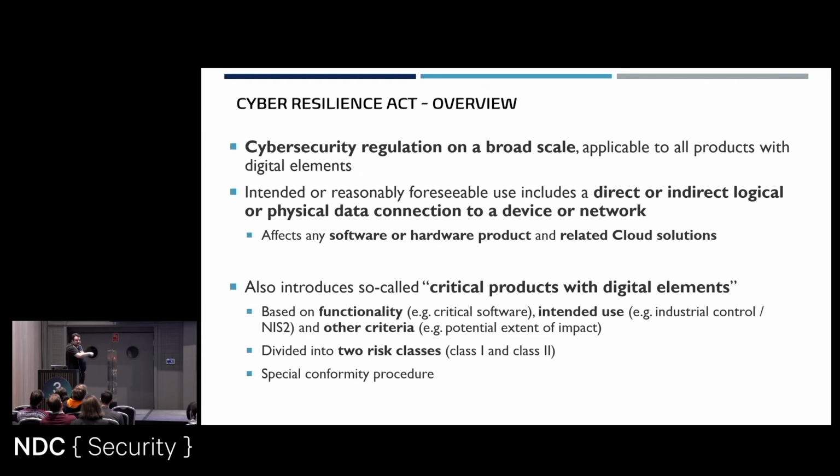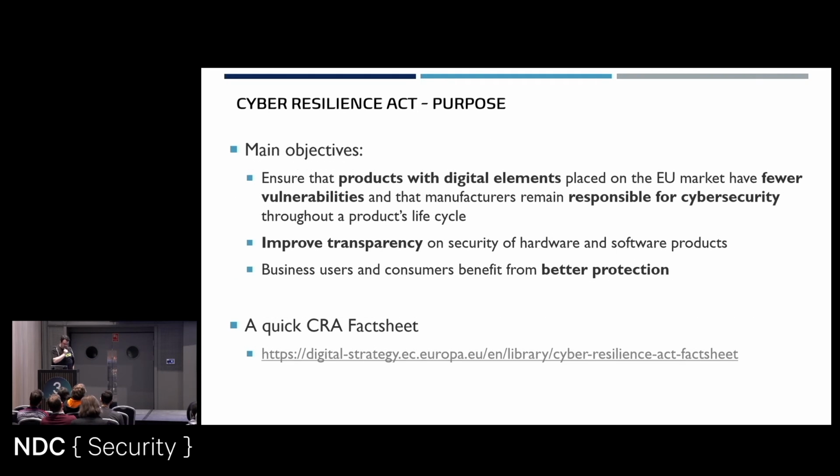And that in itself is further divided into 2 risk classes, and they have a special conformity procedure. We'll see what that means in a minute. It's actually the next slide.